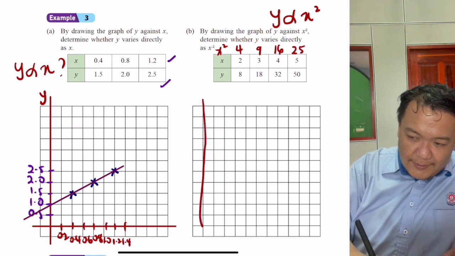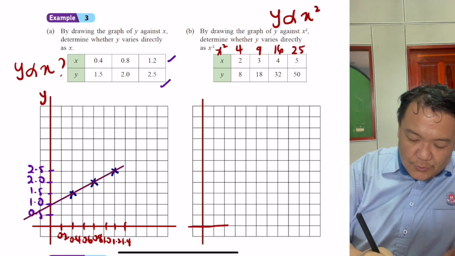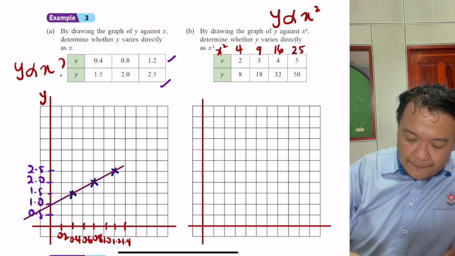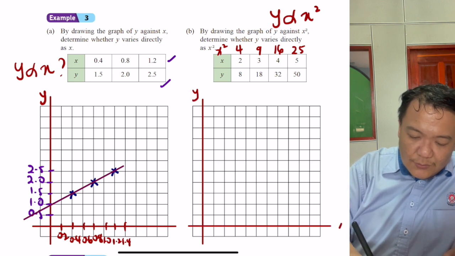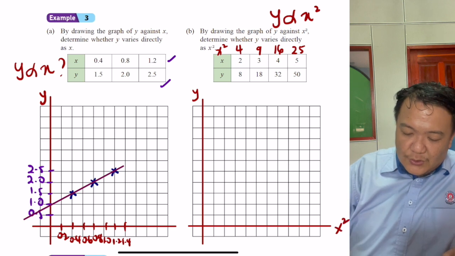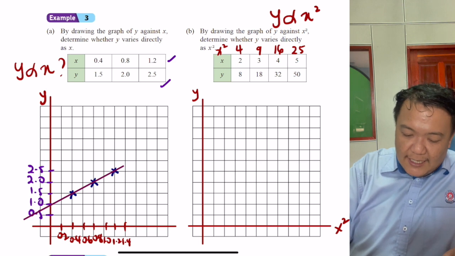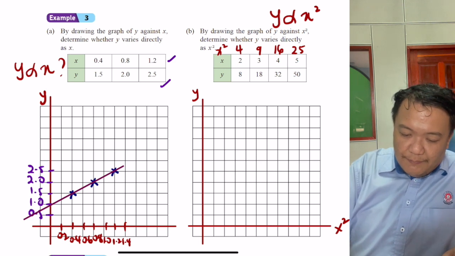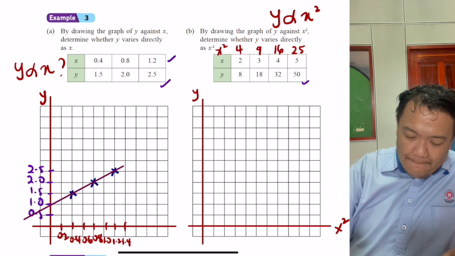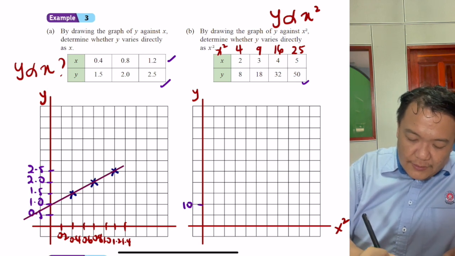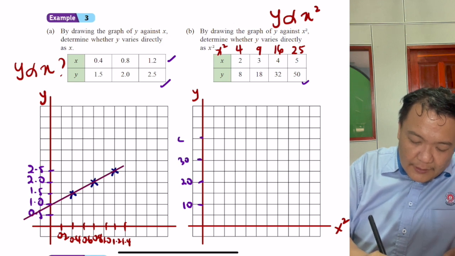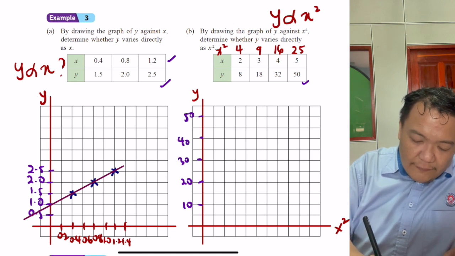So macam biasa kita buat dua garis, two axes. So this is y, this is x square. So try to think of an appropriate scale. For example, for y, you have until 50, right? So for example, I use 10, 20, 30, 40, 50.